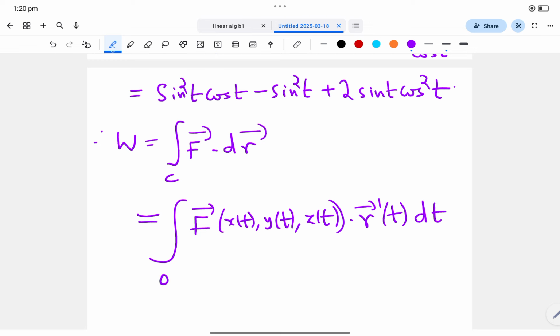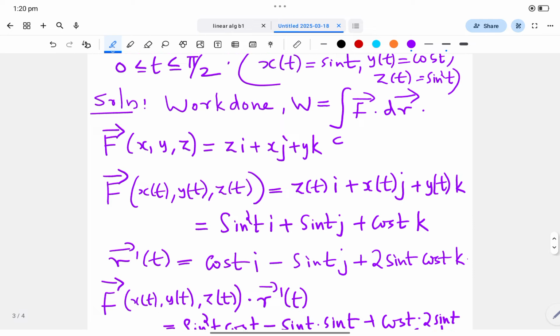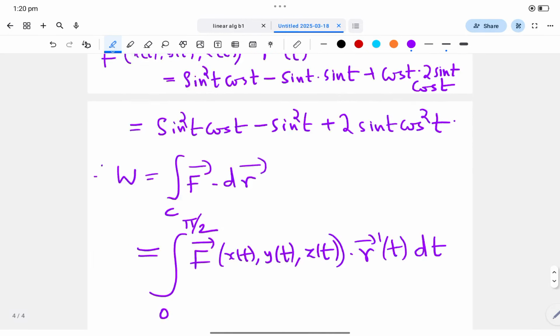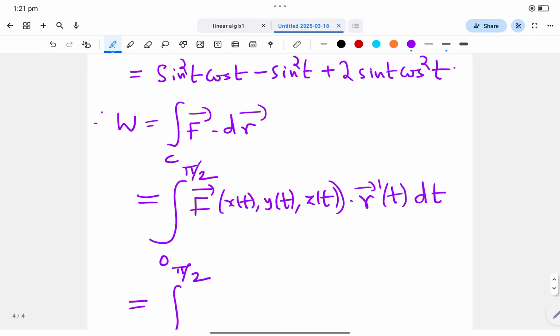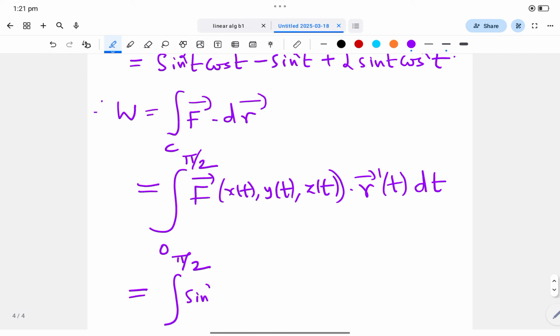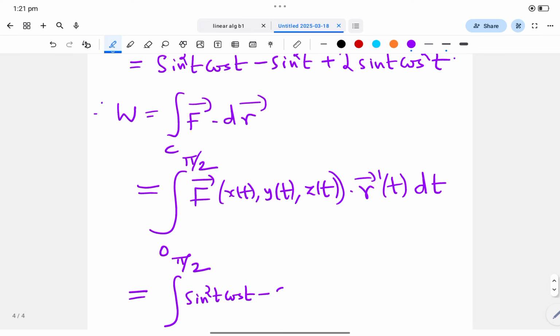Now the integrand has become a function of t alone, so we have to integrate from 0 to pi by 2, because the limits of t are from 0 to pi by 2, as already given. So this is equal to integral 0 to pi by 2 of sin square t cos t minus sin square t plus 2 sin t cos square t dt, using the dot product we have already computed.